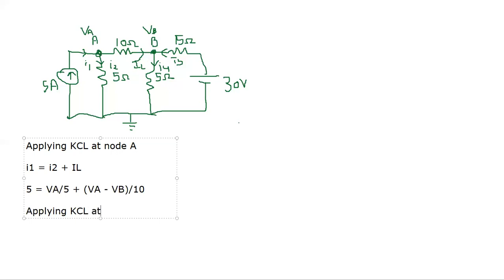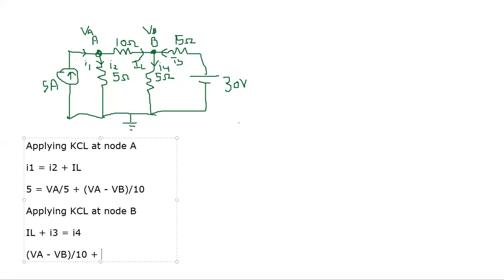Now applying KCL at node B. If you apply KCL at node B, what are the currents entering? IL and I3 are entering. So IL plus I3, they are entering, and what is leaving? Which current? I4 is leaving, right? So what is IL? IL is again VA minus VB by 10 plus I3.